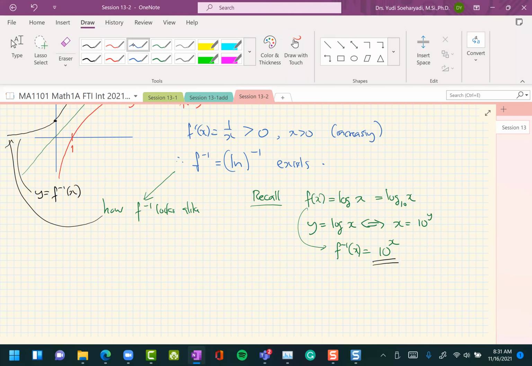So the inverse of ln x from here is the exp.